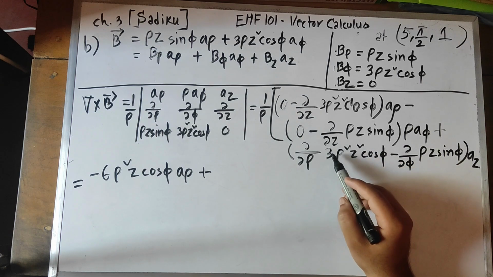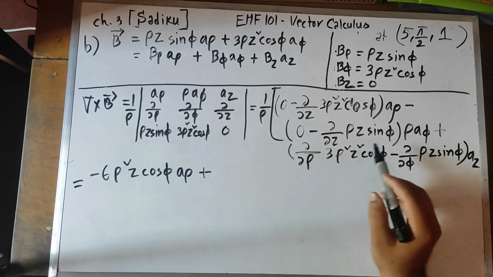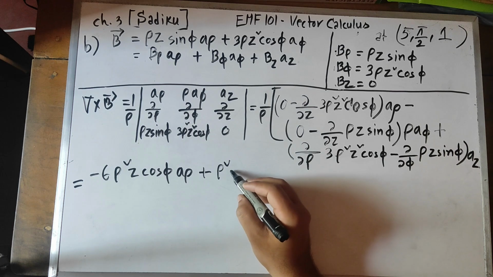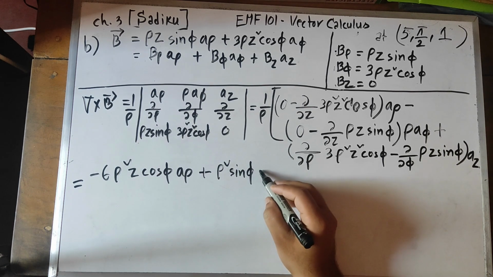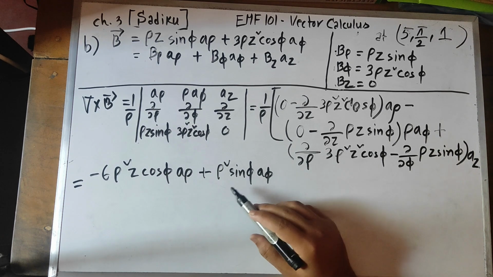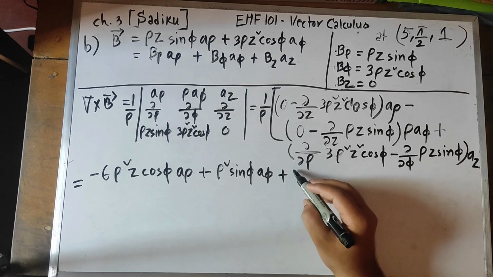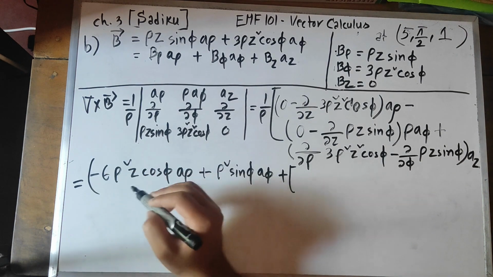Partial differentiation with respect to z is rho square sin phi in the direction a phi, plus, so this will be in the bracket.